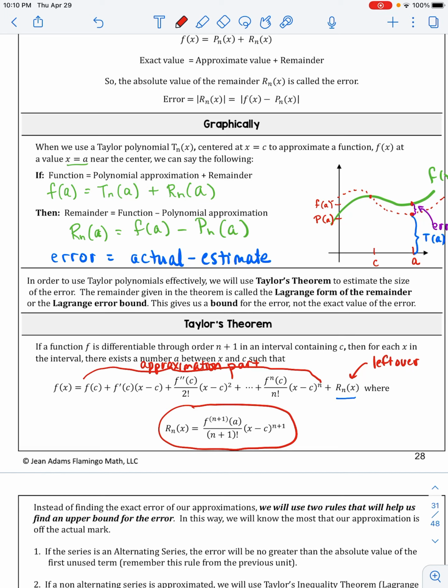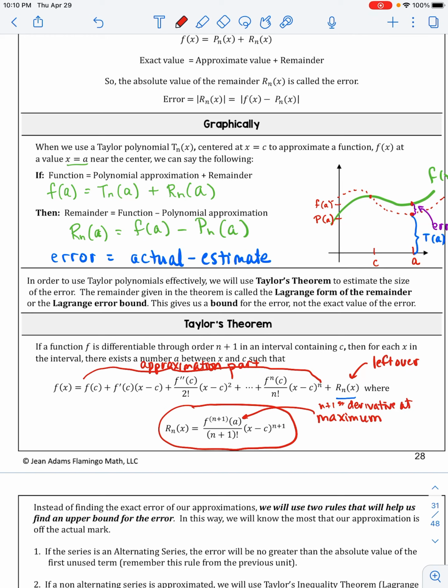So you can see that it is the n plus first derivative at a divided by n plus 1 factorial times x minus c to the n plus 1. So it's just that next term in your Taylor polynomial. And your a is going to end up being the maximum.